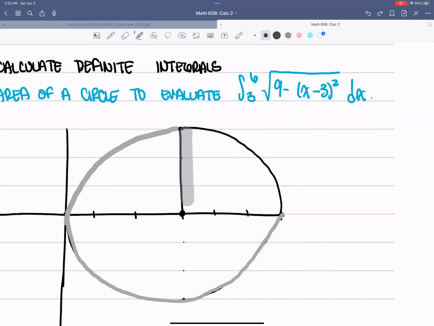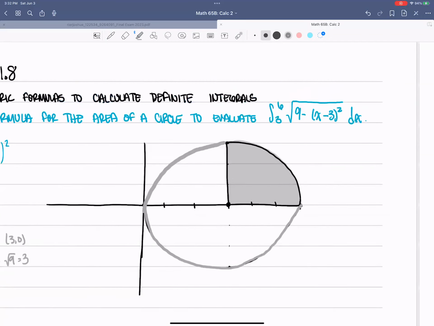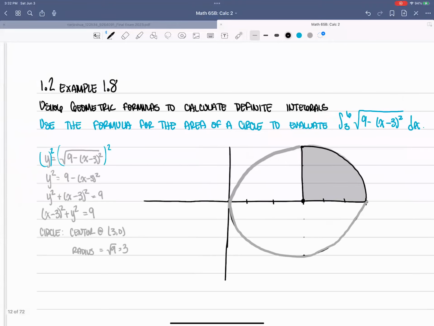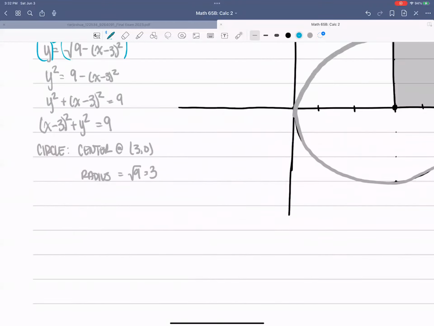So we're only looking at this part of the circle, which just so happens to be exactly 1/4 of the circle. So top half, right half, only the parts that overlap. There we go.